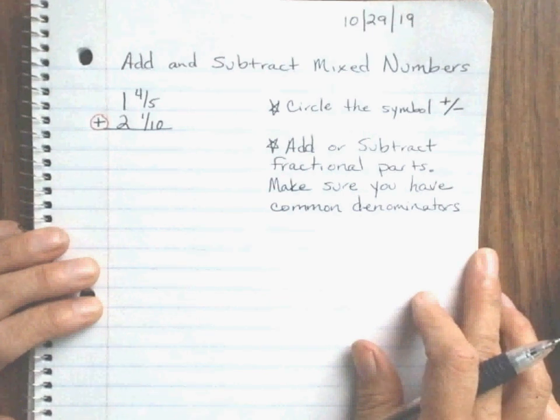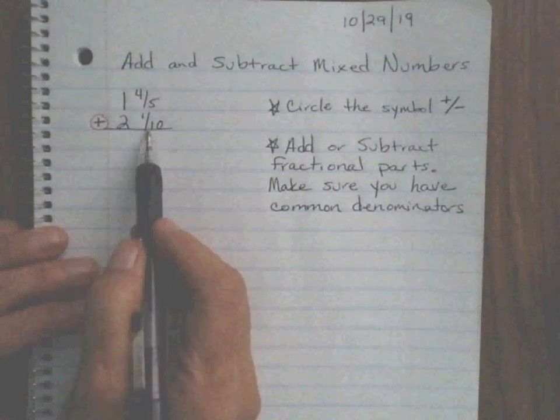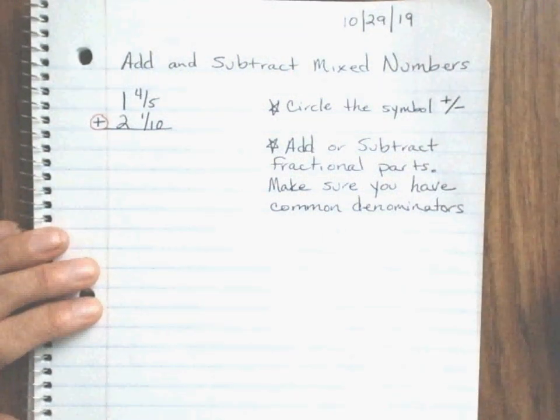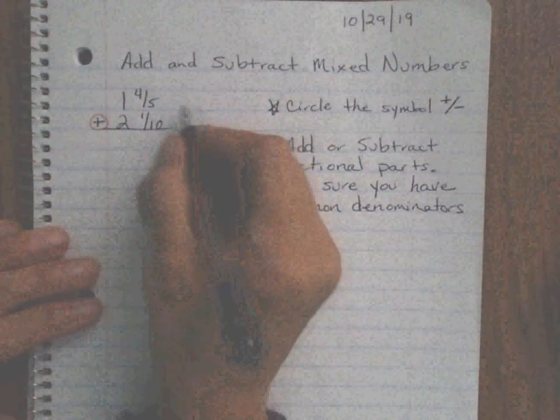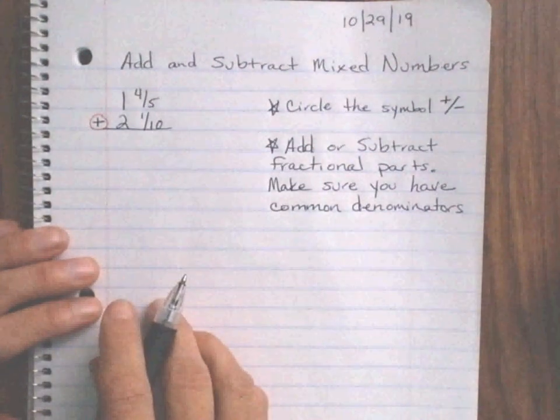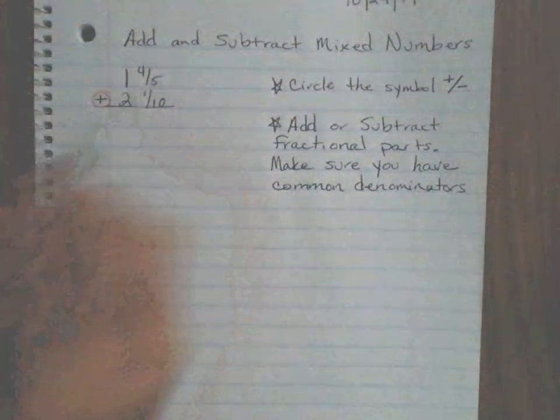Okay, so I'm going to take a look at 4/5 and 1/10, and I do not have common denominators. So I need to go ahead and change these into equivalent fractions with common denominators. My lowest common multiple between 10 and 5 is 10.